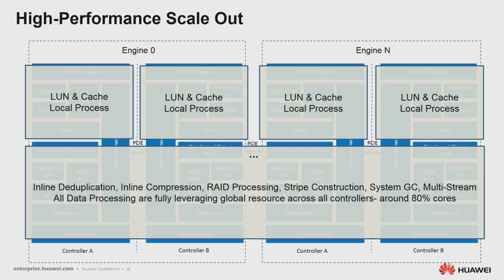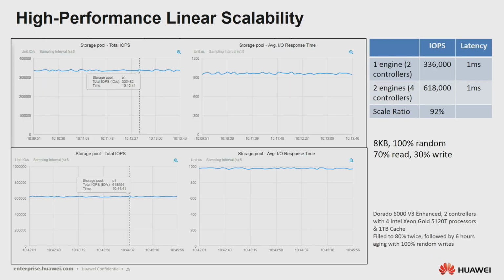The rest, inline deduplication, inline compression, as well as read, stripe, system GC, and multi-stream, are fully leveraging the global resources across all controllers. This accounts for about 80% of the cores. Currently we have one and two engines and 4 controllers, and we can see the scale ratio is around 92%.